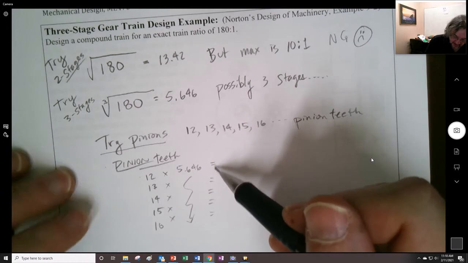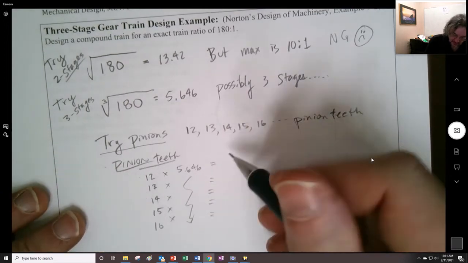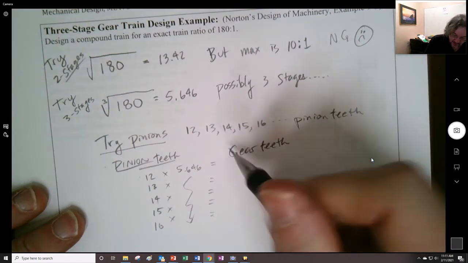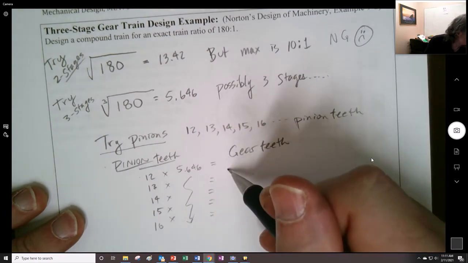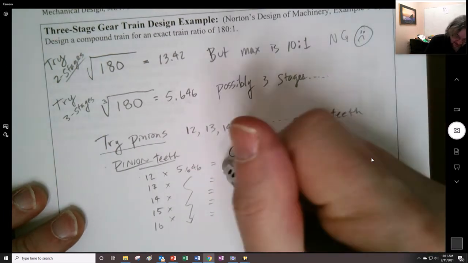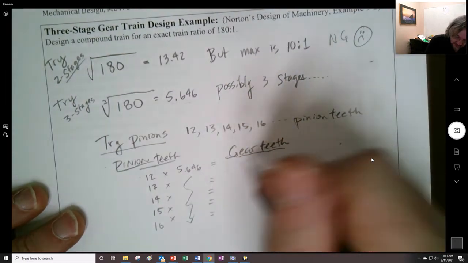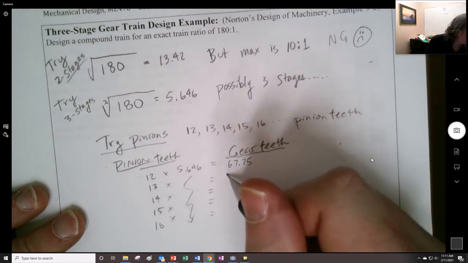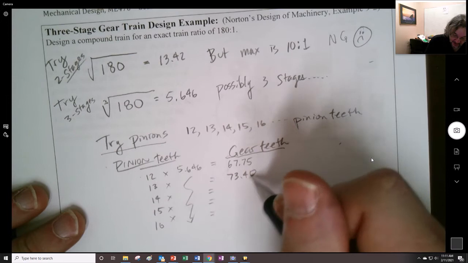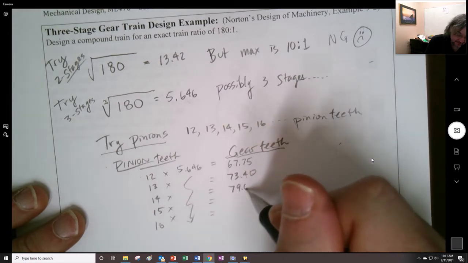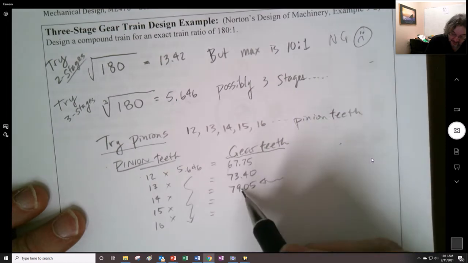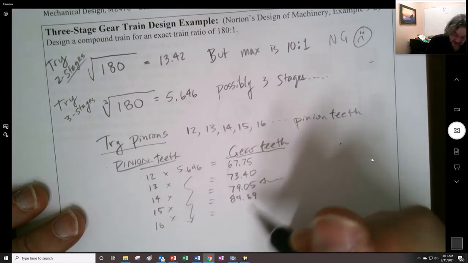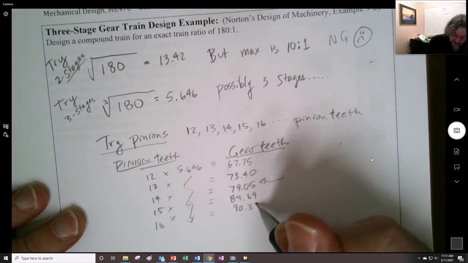If we do that, the number of gear teeth we would have is 67.75, can't have 0.75 teeth. 73.40, can't have 0.40 teeth. 79.05, that's close to being an integer. 84.69, no good, and 90.34.